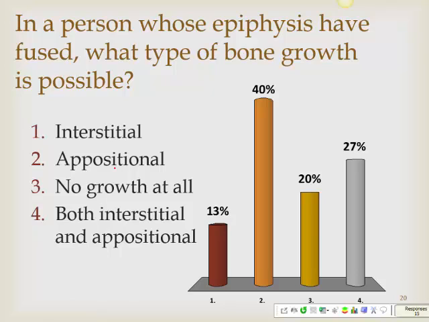In fact, there are two conditions which you'll do more of in ANP2. One is called gigantism and the other one is called acromegaly. This is because of excessive growth hormone. So in a child in whom the epiphysis has not fused and they have an excess of growth hormone, what will happen? Their bones will grow in length, so they'll be very, very tall.